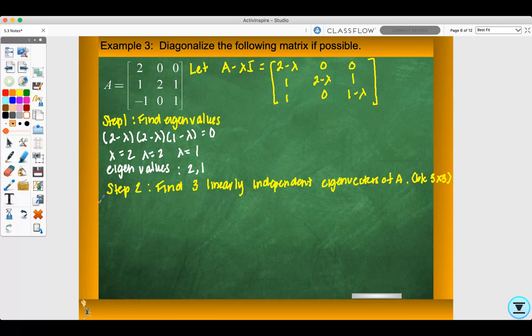So I'm going to start with my basis for lambda equals 2. So that means I need to find A minus 2I. So I take A and subtract 2I.